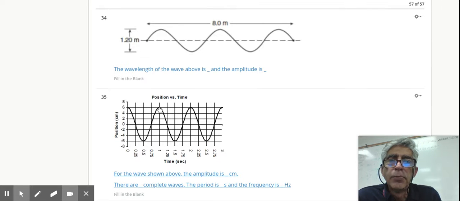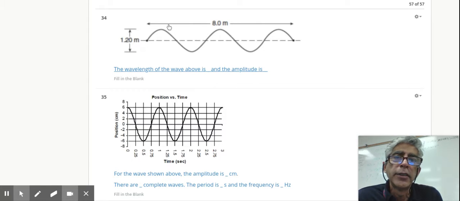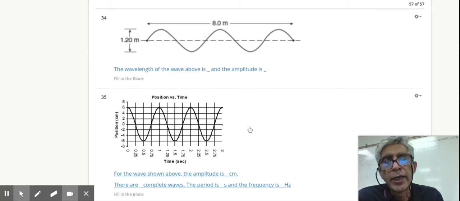It completes one wavelength, but we don't know what the wavelength is because we don't have this in meters. Like over here, this distance is given in meters. We can determine the wavelength in a picture like this. But in a picture like this, all we can do is determine the period, the time it took for one whole wave to get completed.